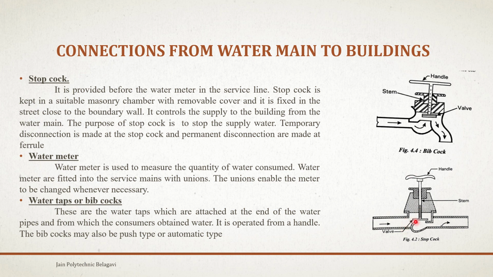If this is rotated anti-clockwise, the handle starts moving up and the water enters this way and comes out from the outlet. If we rotate clockwise, the valve settles on these two heads and the water stops coming out of the outlet.